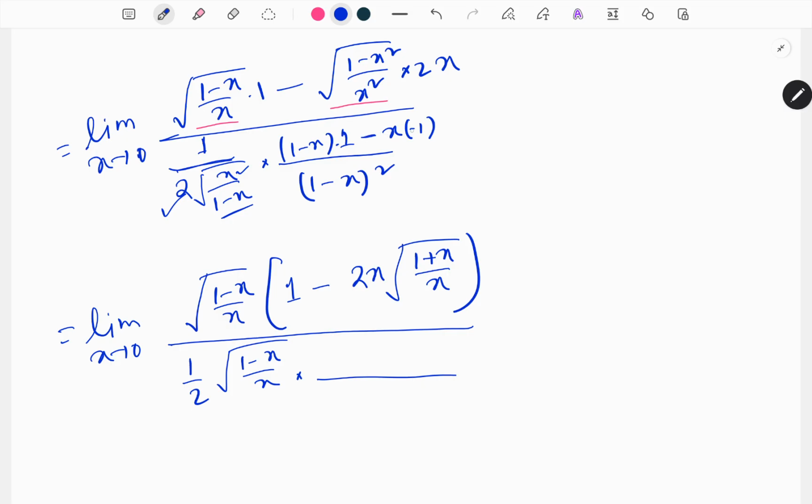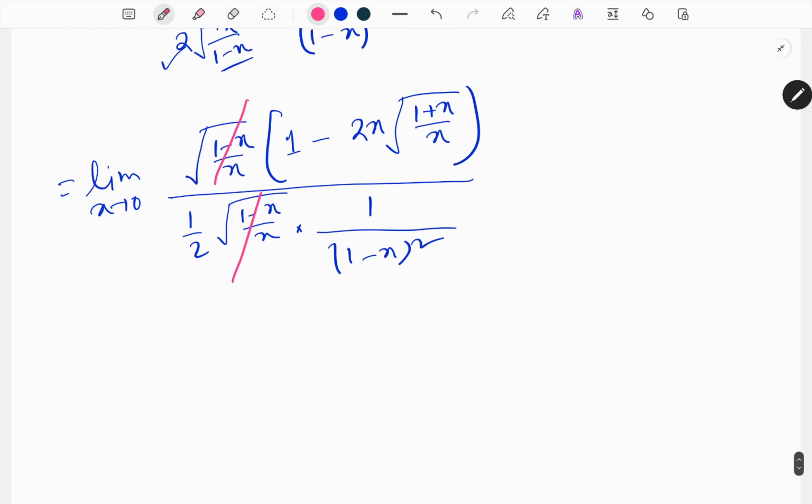This minus and minus will be plus, so this minus x and this plus x will cancel. So this will be 1 by (1 minus x) whole square. Now this term and this term will cancel out.